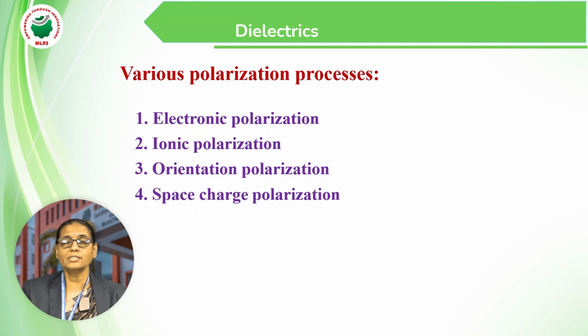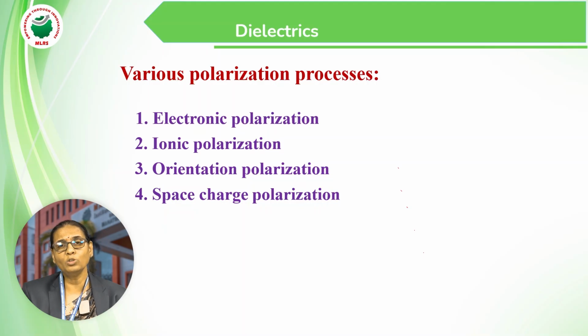These are the 5 definitions which I have come across: dipole, dipole moment, dielectric constant, polarization, then susceptibility. So, these 5 definitions every student should remember, and these are more important. Okay, next come to the types of polarization process.